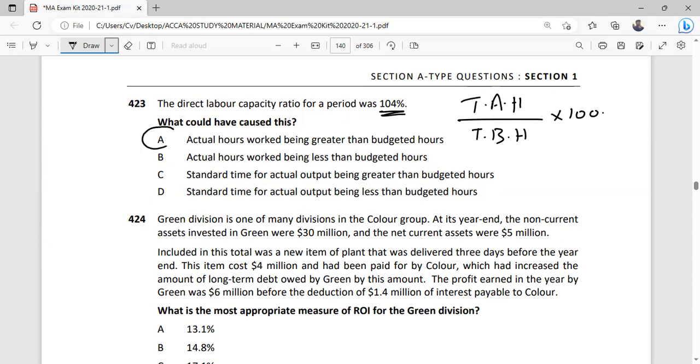A is the right answer. If it is less than 100, then we can say that actual hours worked are less than budgeted hours. Standard time for the actual output is a measure of efficiency ratio. Any question?